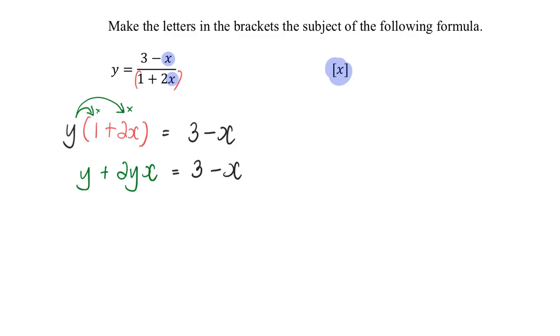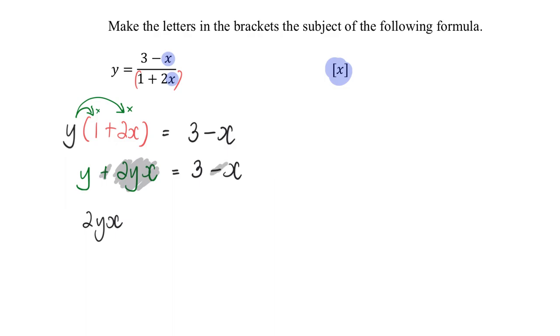And the next thing to do would then be to make sure all the terms with the subject go to one side, terms without the subject to the other side. So you will then see I have this positive, so it will still be here, 2yx.